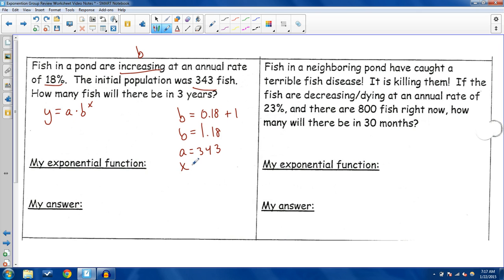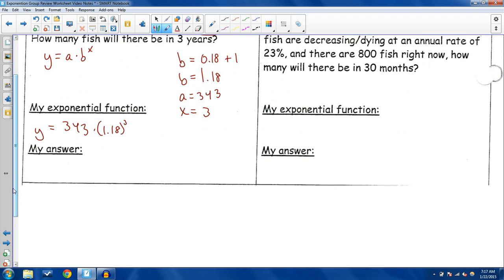3 years, X. Let's find out what Y is going to become. Y equals 343 times 1.18 cubed. Got to do 1.18 cubed first. This basically says you do 18% more the first year, 18% more the second year of your new number, and 18% more the third year of your new number.